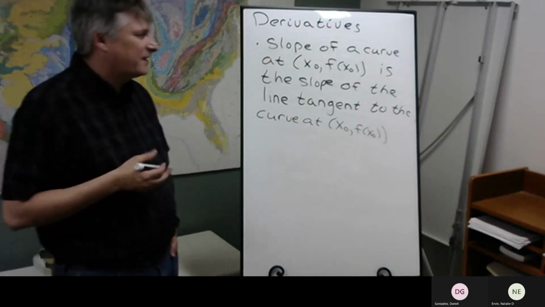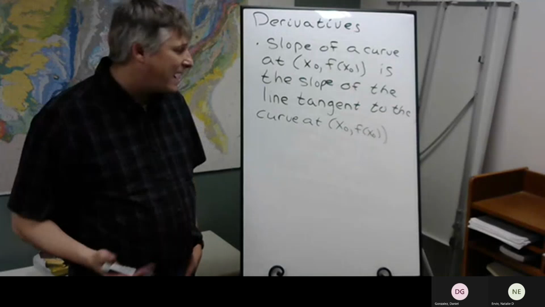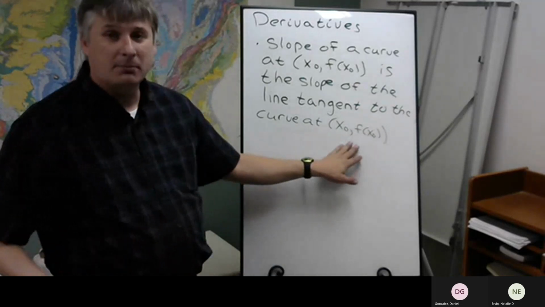So the slope of a curve at x0, f of x0 is the slope of the line tangent to this curve at that same point.